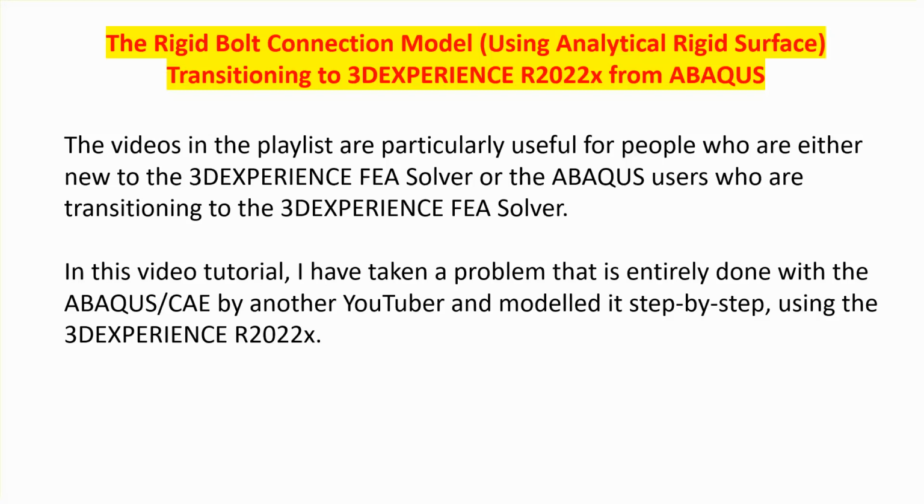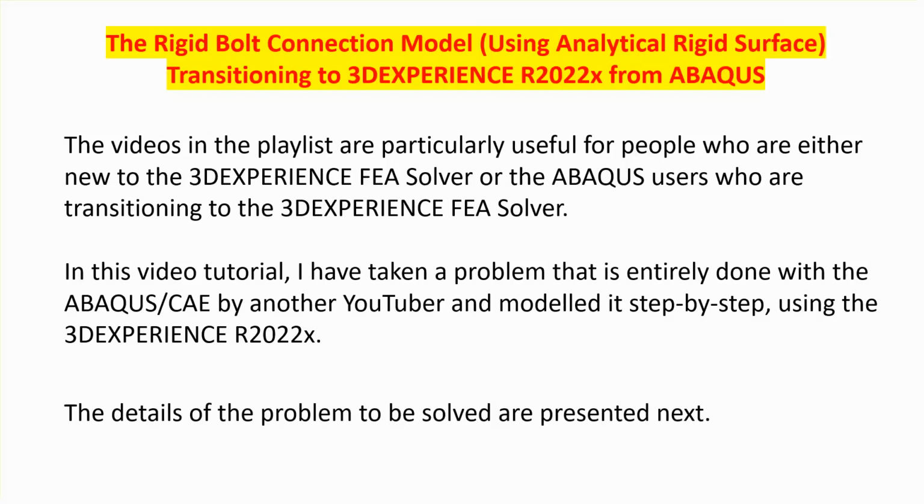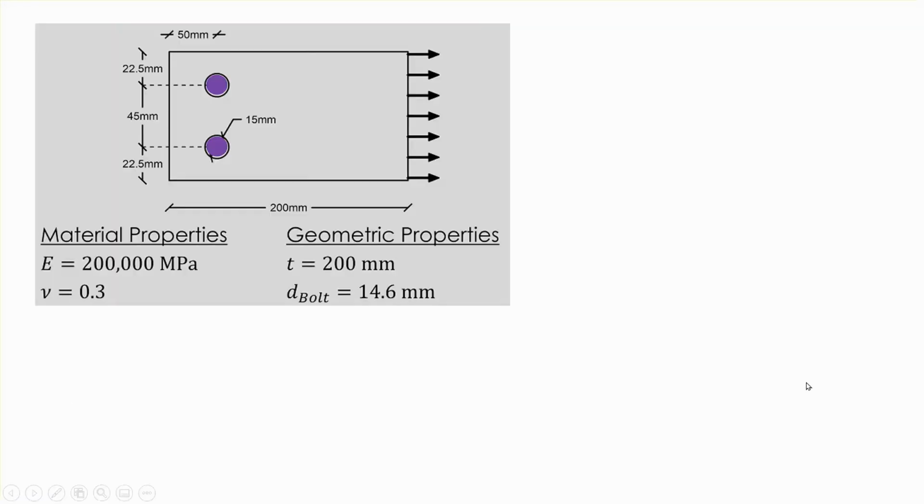Okay. Now, the details of the problem that I'm going to be doing in this segment is shown next. It's a plate with two holes. The dimensions are given here. And these two holes, basically, there are rigid bolts inside of them, which are holding this part and preventing its horizontal deflection.